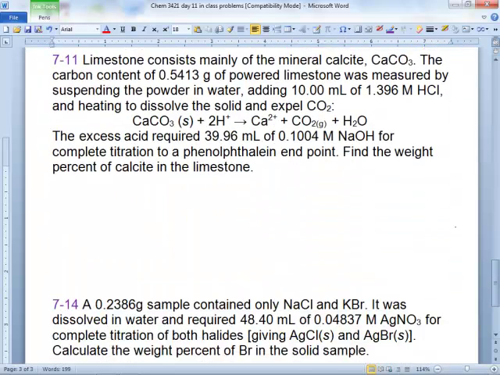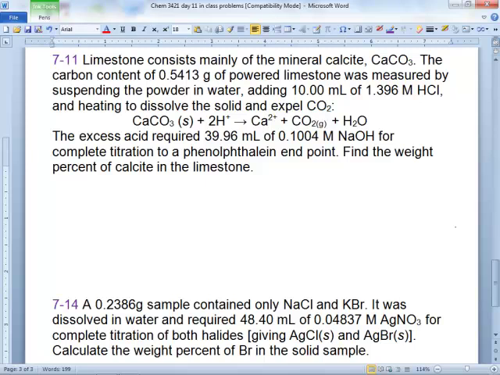Limestone consists of calcite. The carbon content of 0.5413 grams of powdered limestone was measured by adding 10 mLs of HCl and heating. Okay.